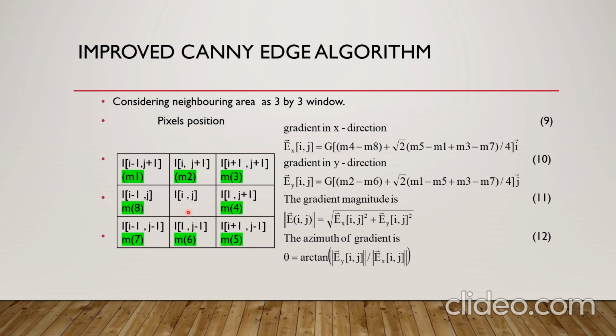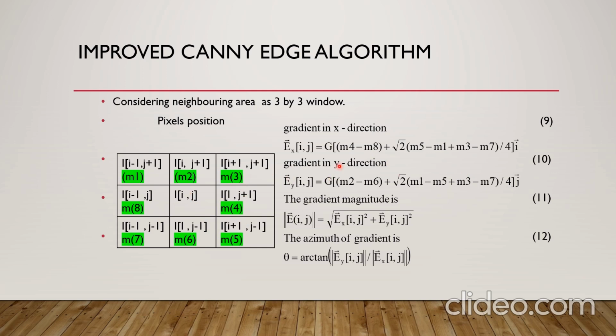Similarly for m3 pixel, the distance between these two is square root of 2, so g into m3 divided by root 2 whole square into root 2, and in x direction, so r vector equal to I. So, and it is moving forward direction, so plus sign.